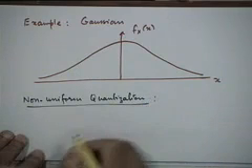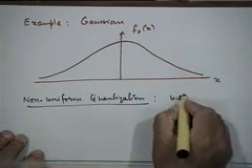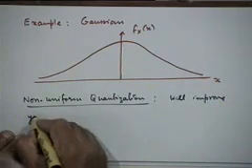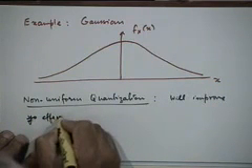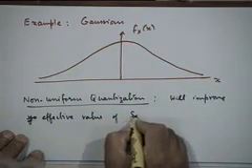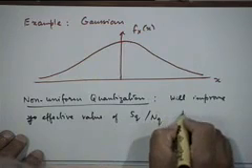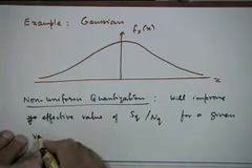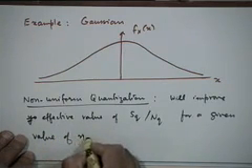And non-uniform quantization will typically improve the effective value of S sub q by N sub q for a given number of bits or a given value of n, right.